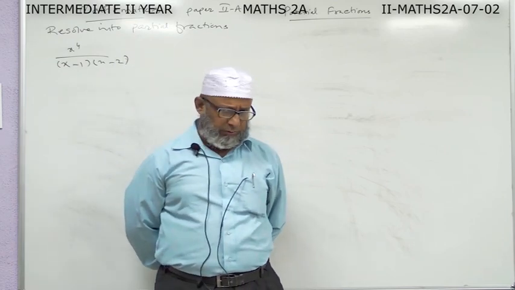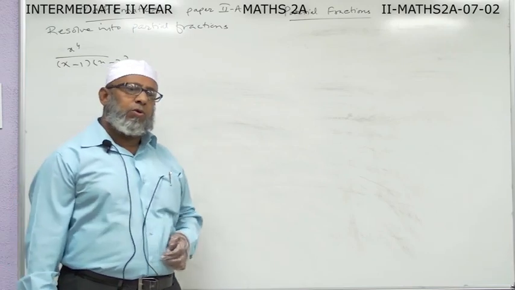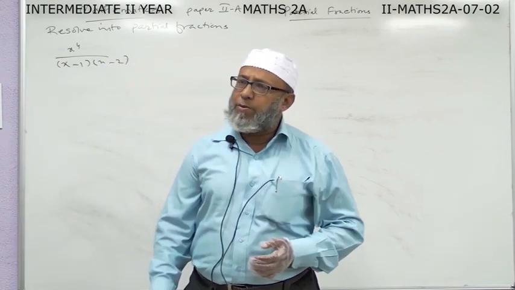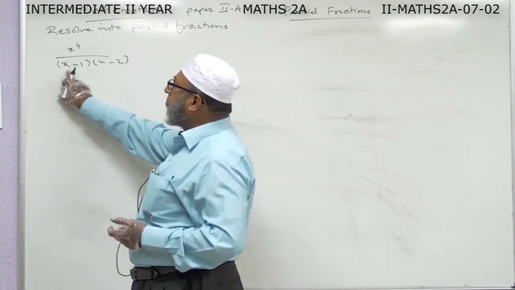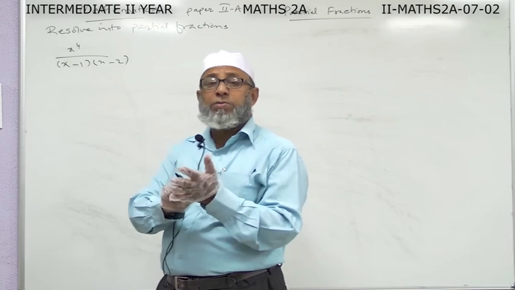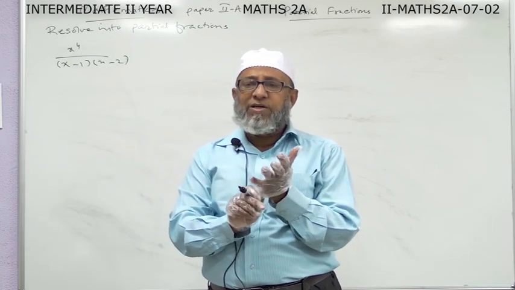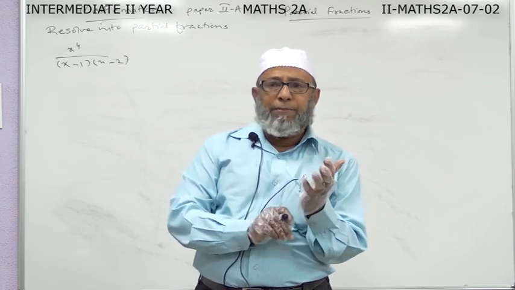Here, you may observe that the power of the numerator is 4, whereas the power of the denominator is 2, that is, if I multiply x into x, it becomes x square. So the power becomes 2. The denominator has a lesser degree compared to the numerator.